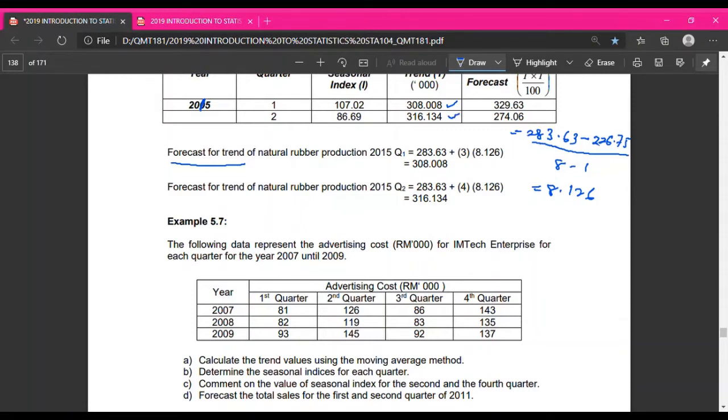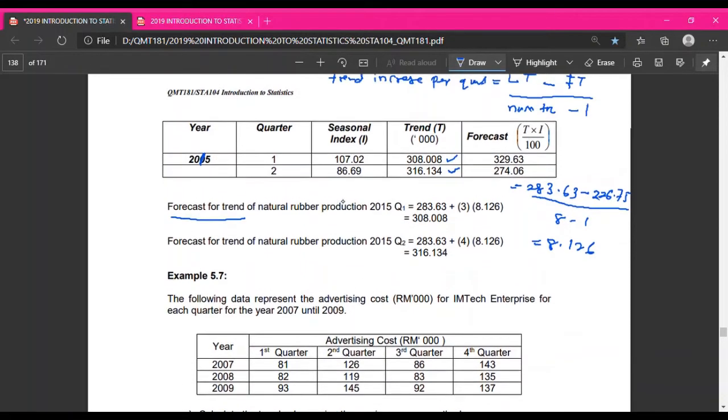Usually students stop here, after forecasting the trend. Actually, our intention is to forecast the variable Y, which here is production. So remember this formula: trend multiplied by seasonal index divided by 100. So we get 329, which is 308.008 multiplied by 107.02 divided by 100. You will get this value.